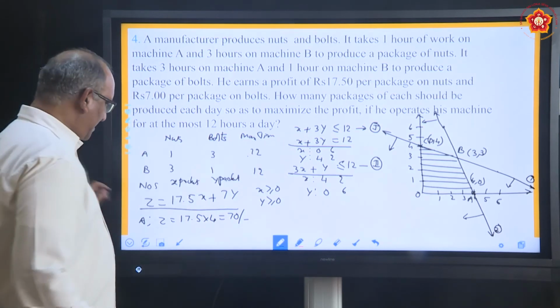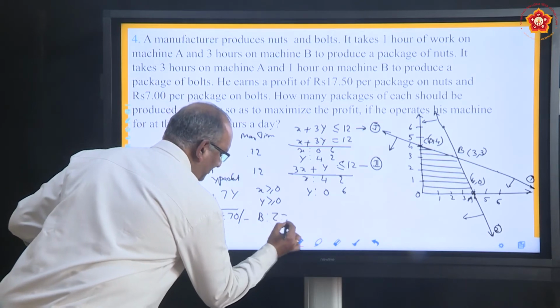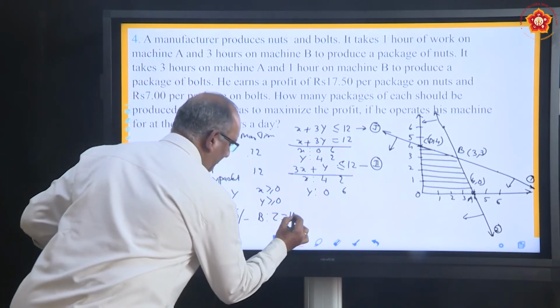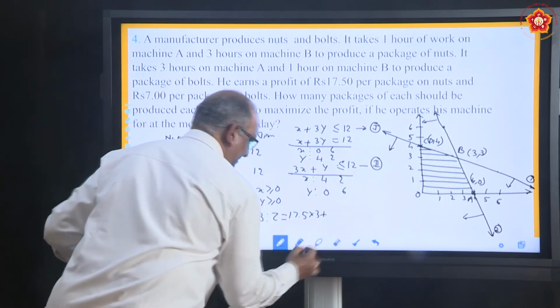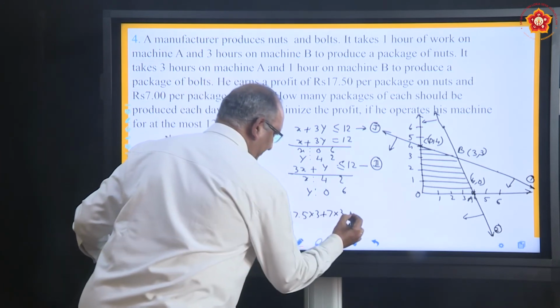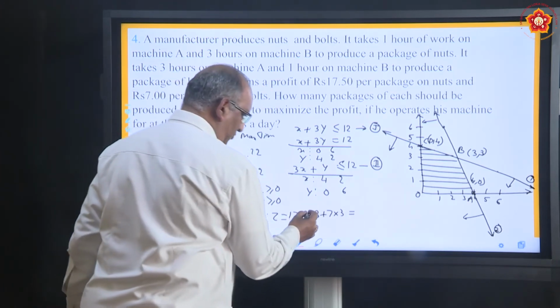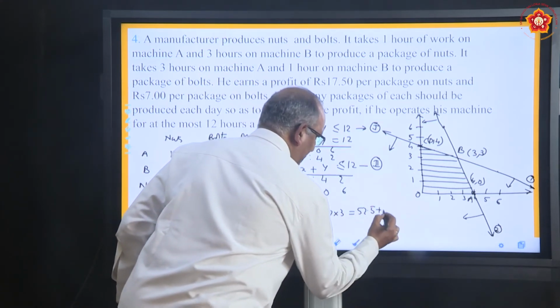Similarly, substitute B. If you substitute B, what will you get? Z equal to 17.5 into 3 plus 7 into 3. 52.5 plus 21.